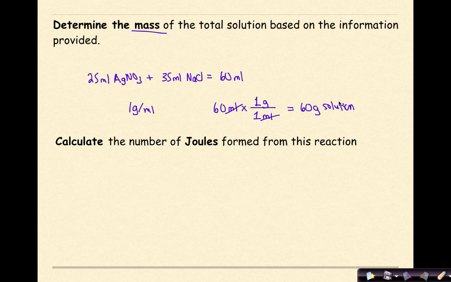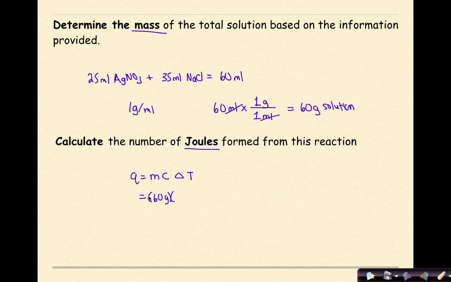Then calculate the number of joules formed from this reaction. So if I'm looking for joules, I'm going to use Q equals MC delta T. We just found that our mass of our solution is 60 grams. So 60 grams.